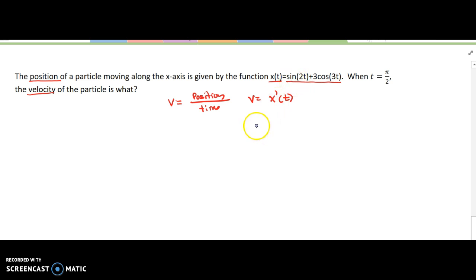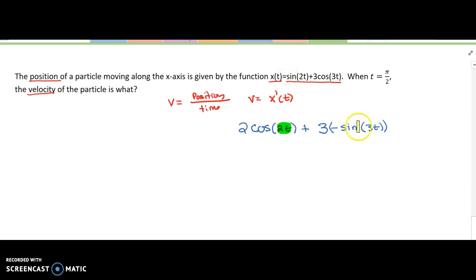The derivative of sine is cosine of 2t, but there's an inner function, 2t, and its derivative is 2. So we'll have 2 cosine of 2t plus 3 times the derivative of cosine, which is negative sine 3t.